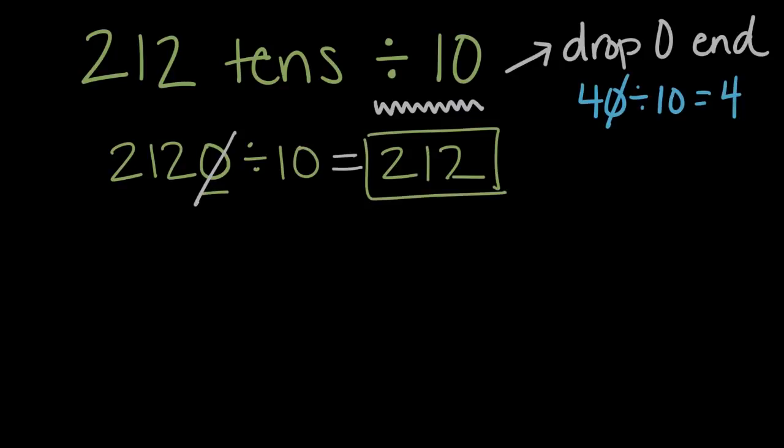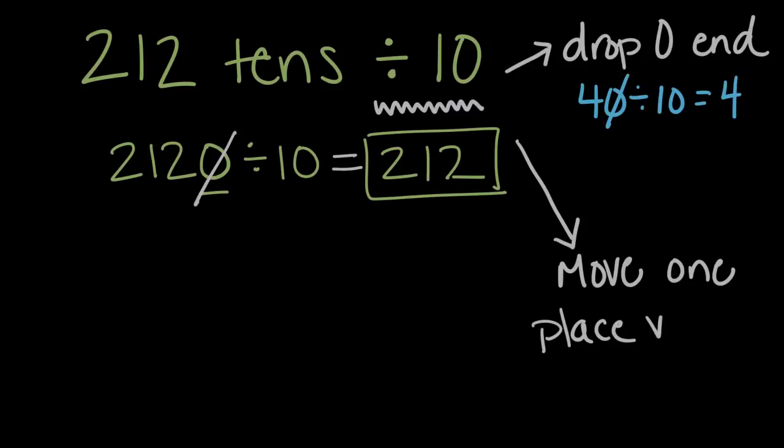But we could use the place value pattern. We could think in terms of place value, and instead of moving one place value to the left, one place value larger, we're going to move one place value smaller, or to the right. So what's one place value smaller than 212 tens?